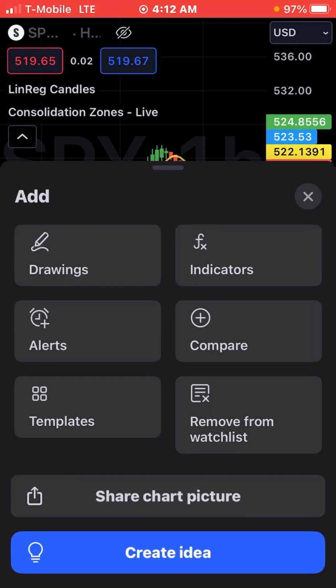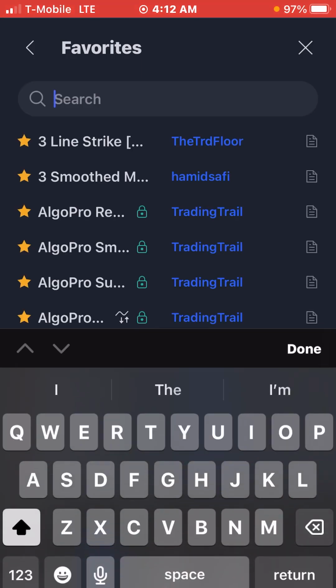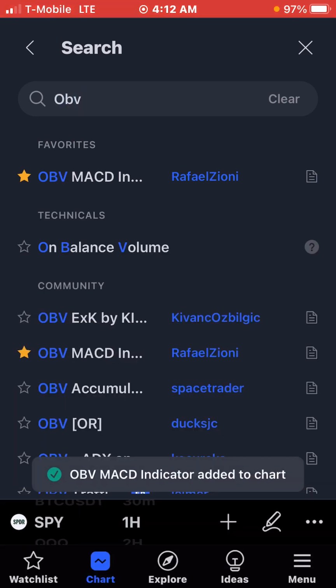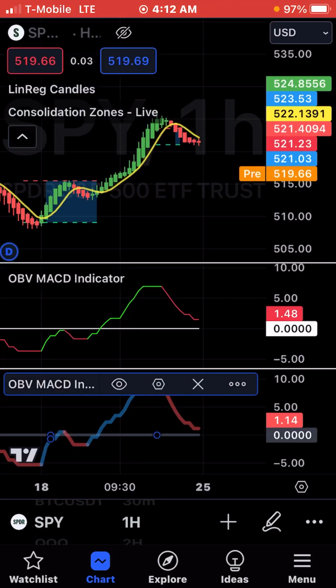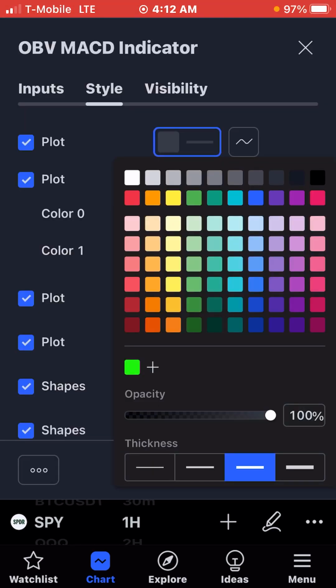So you basically load it up. It's going to look a little bit different when you load up your OBV. So you load that up right here. What you basically do is change your plot line and make it a bright color, and make it thicker if you want to.